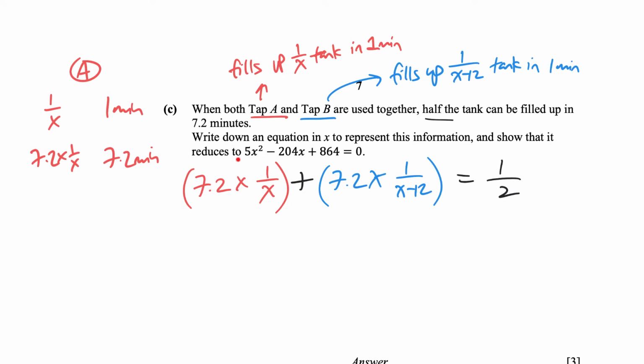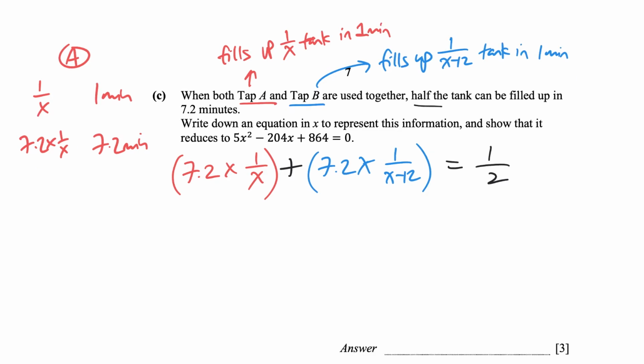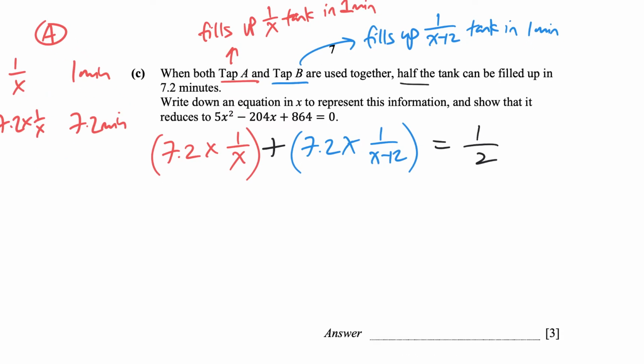Tap A fills up this much of the tank in 7.2 minutes, tap B fills up this much in 7.2 minutes, and you add them together because you're using them together. After 7.2 minutes, you fill up half the tank. So that's where we start, and then we manipulate algebraically to get this. The rest is algebra.